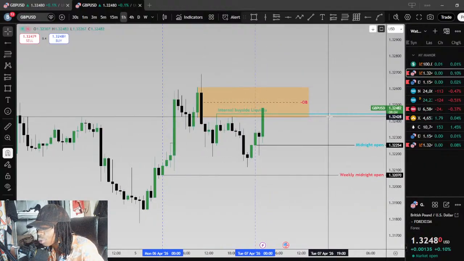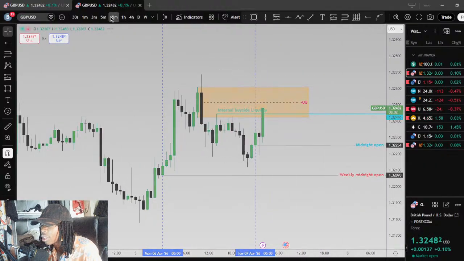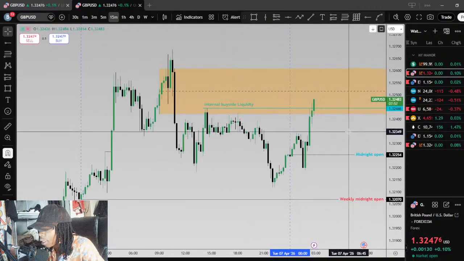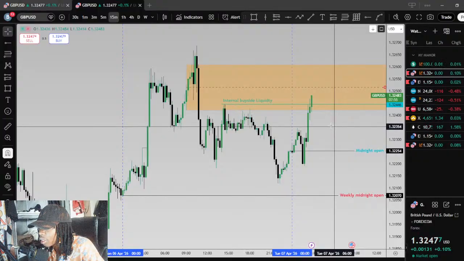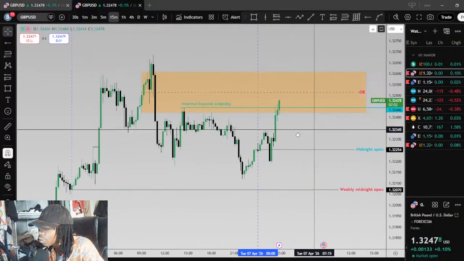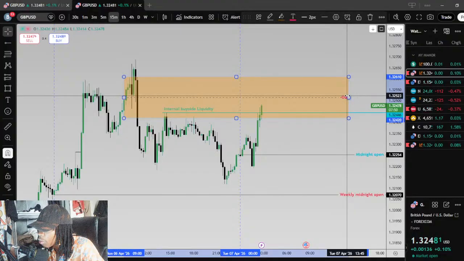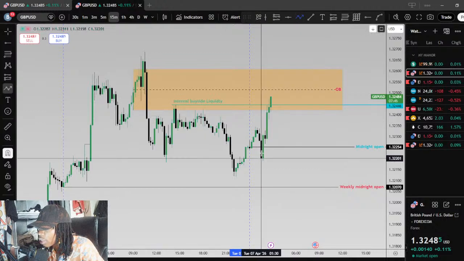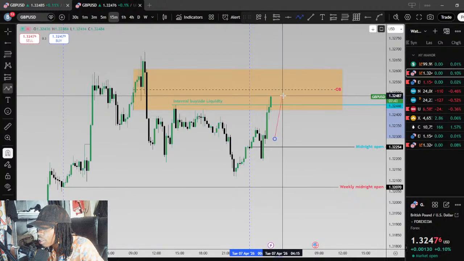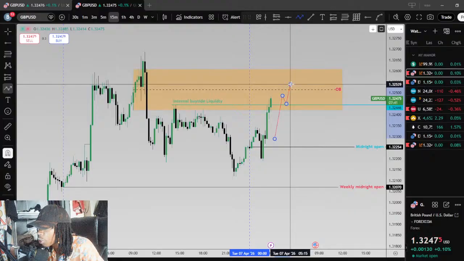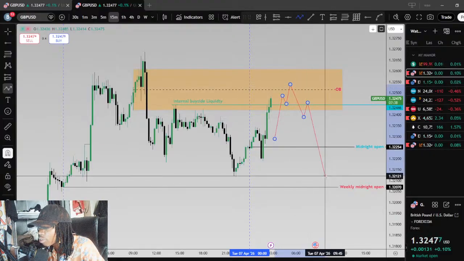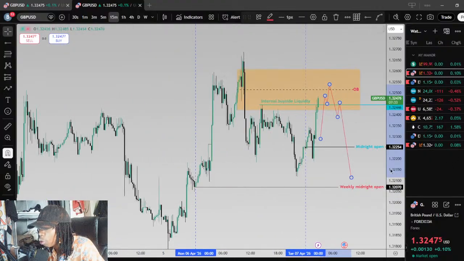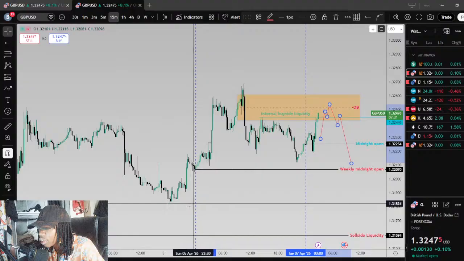I'm not trying to stay ahead of price. Definitely I see that. So I'm looking for something on Pound, sort of this to this, some kind of manipulation above the highs, then we have some push lower targeting the weekly midnight open, or even this low which is here.